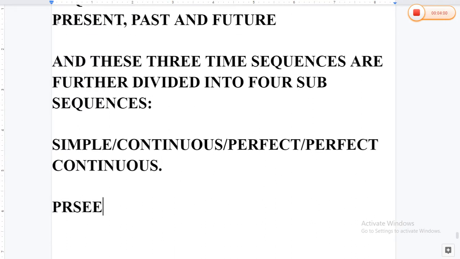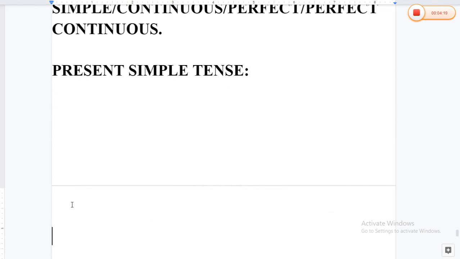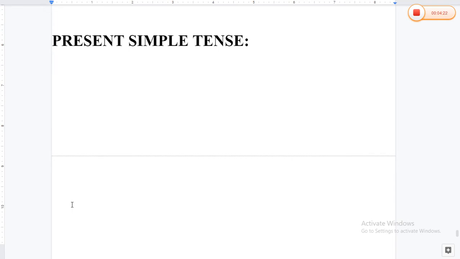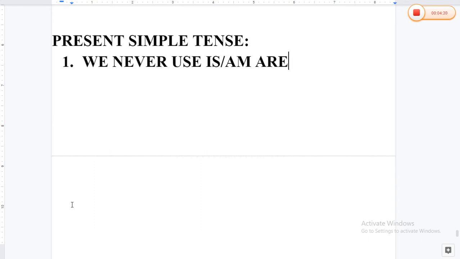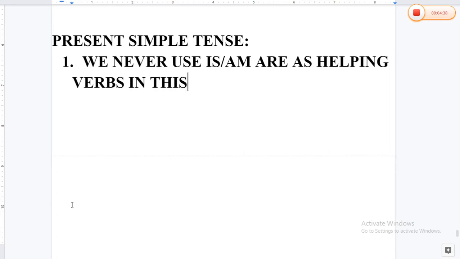First tense is present simple tense. We never use is, am, are as helping verbs in this tense.